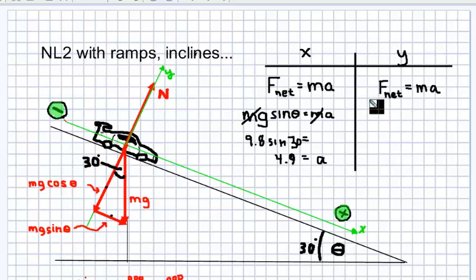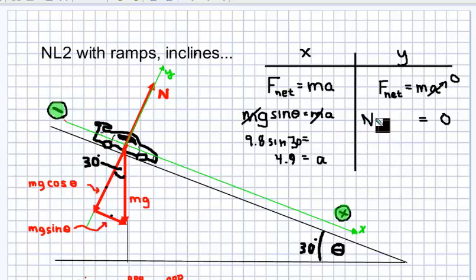Let's take a look at what we can learn on the y side. In the y direction, since there is no acceleration going this way, all the acceleration is in the x world, we can say that our acceleration is equal to 0. So this whole right side of the equation is equal to 0. And in the y direction we have two forces, a positive normal force, let's write it down as a positive, and a negative mg cos theta.